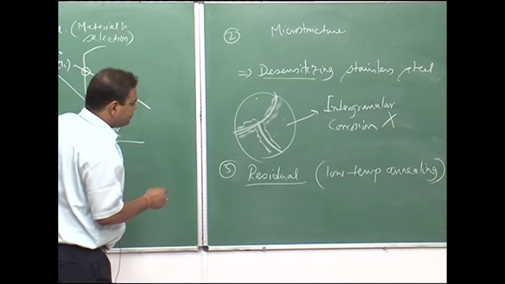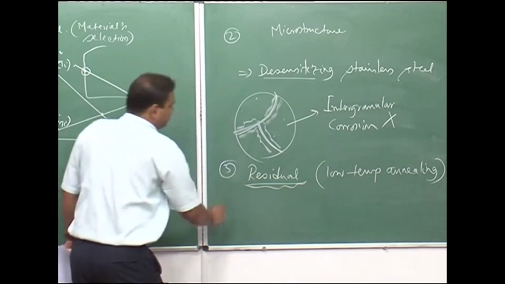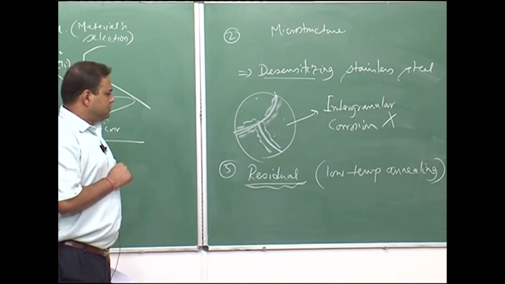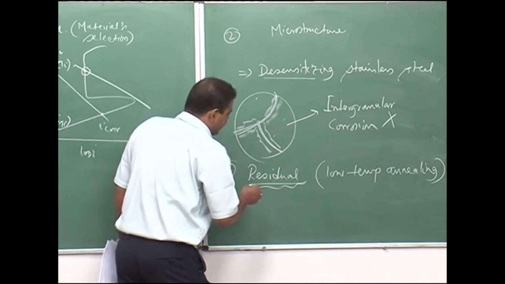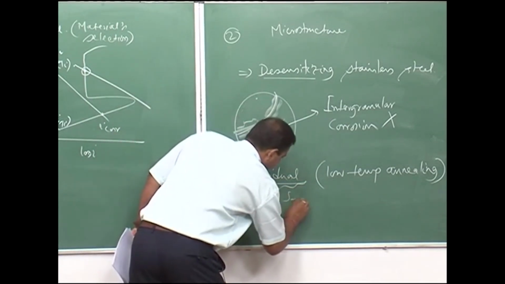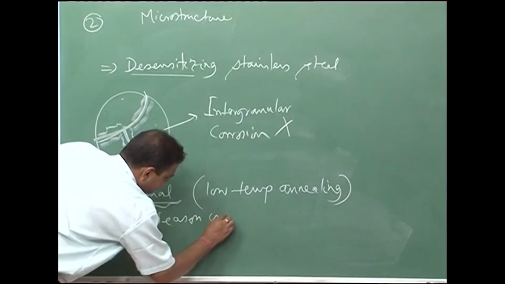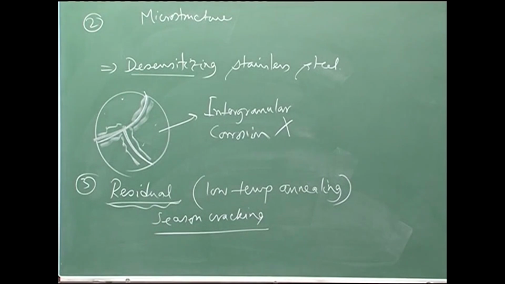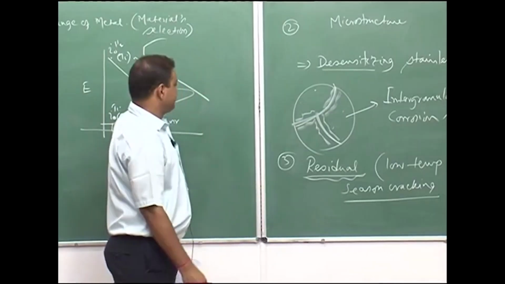One example is season cracking of brass bullets. Season cracking can be avoided if we take care of this low temperature annealing just to remove residual stress.